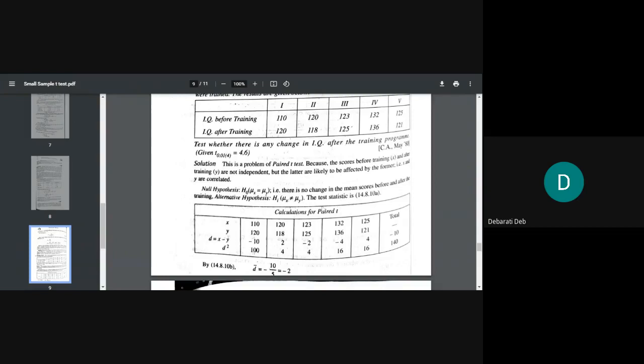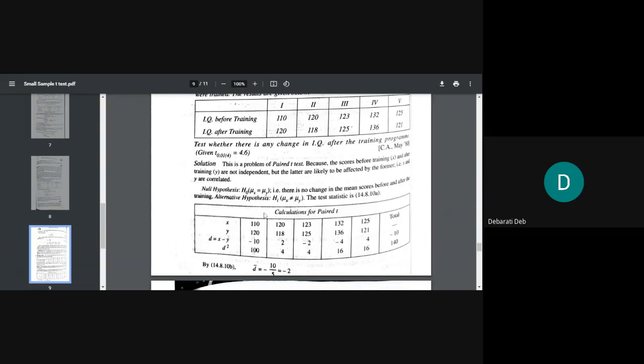You can write the line beforehand and then write the null hypothesis, or write the null hypothesis first and the line after. That is also okay. So what does this mean? H naught: mu x equals mu y means that there is no change in the mean scores before and after the training.